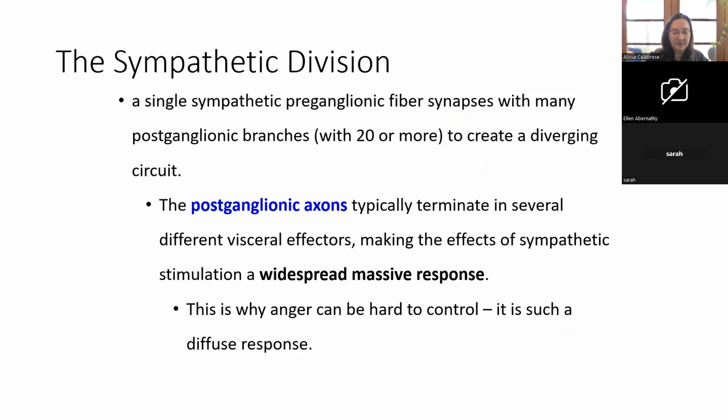All right, so your fight or flight or sympathetic response tends to be this widespread response because of the way that the neurons are arranged. They're reaching out and touching all of these internal organs such that when something scary is happening, we're going to get this really quick response so that we can save your life, right?